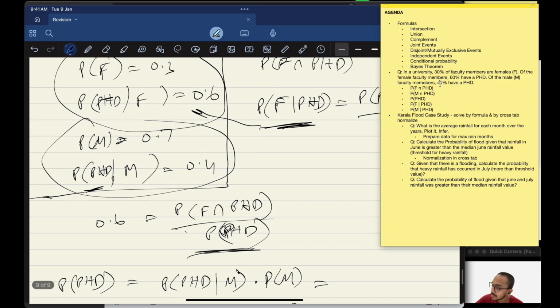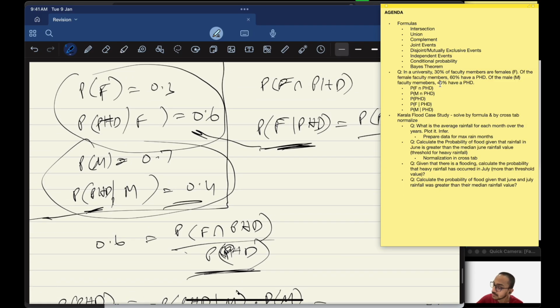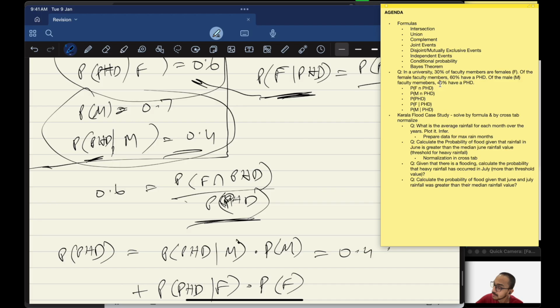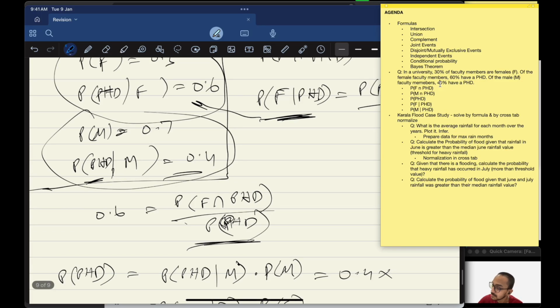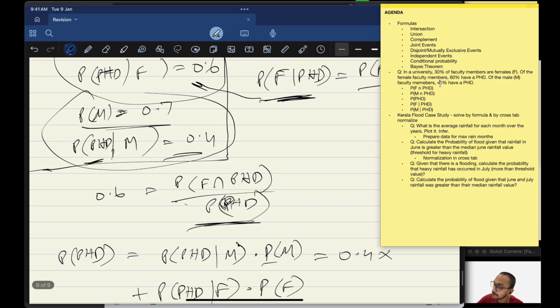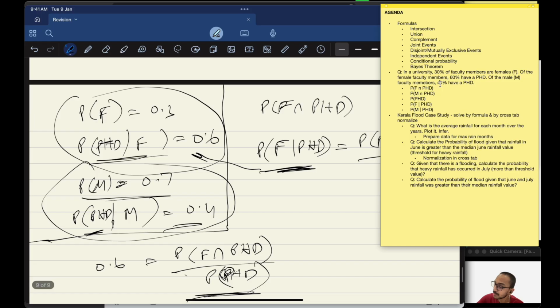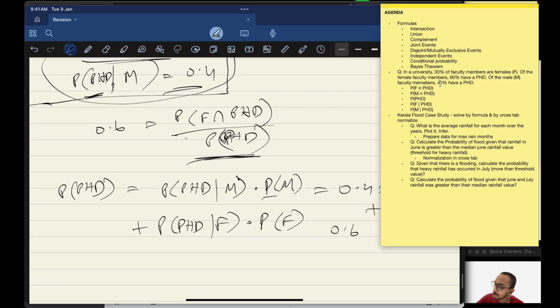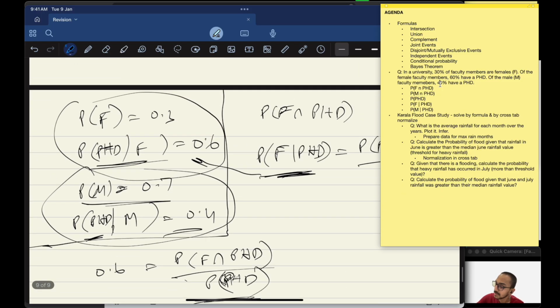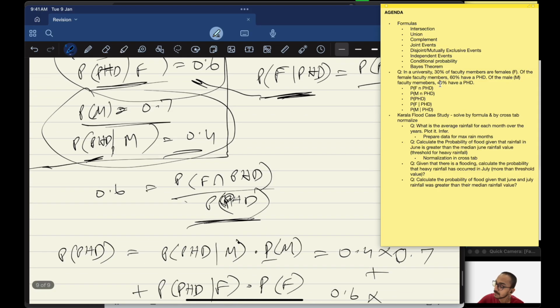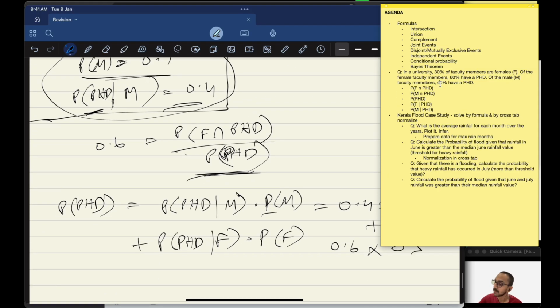PhD given male is 0.4, multiplied by P of male, which is 0.7, plus P of PhD given female, which is 0.6, multiplied by P of F, which is 0.3.